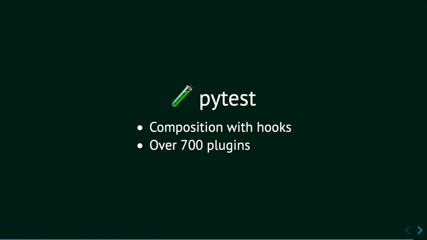And because of its hooks infrastructure and the ability to compose things, there is a flourishing ecosystem. Over 700 plugins are reported right now. I'm the author of a few of those, and it's quite fun to work with. So if you are looking to improve your test runner and don't want to do some of this work, then do look into PyTest.